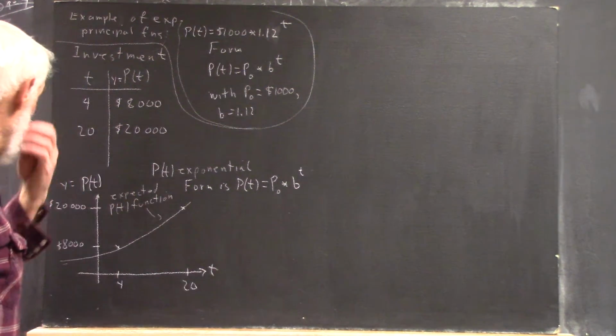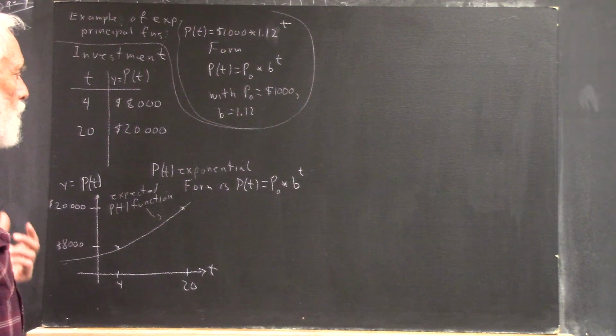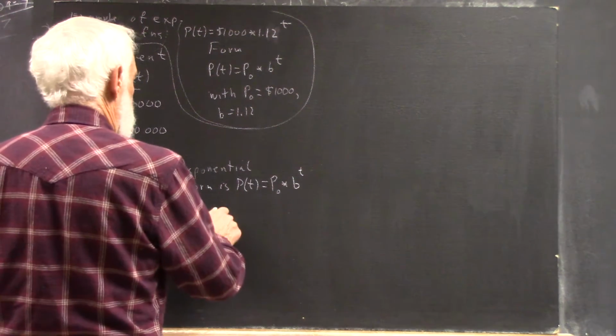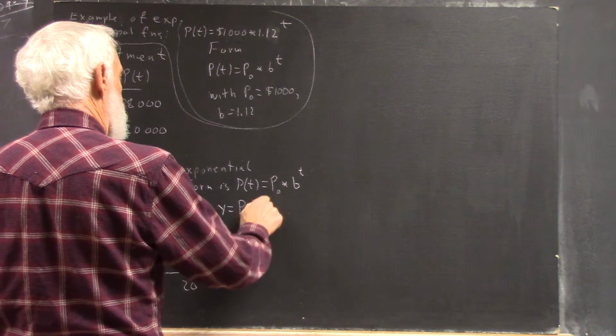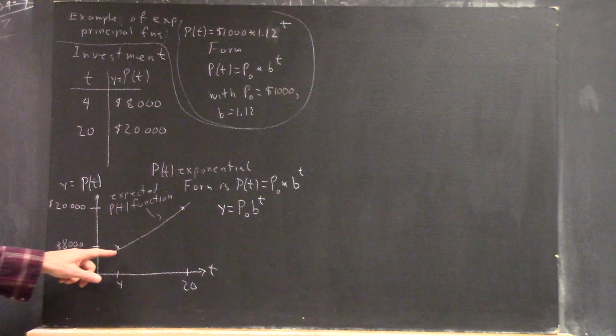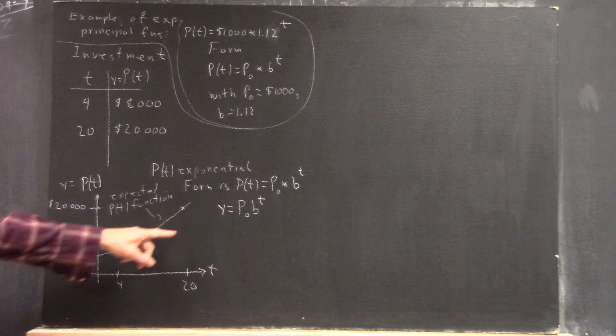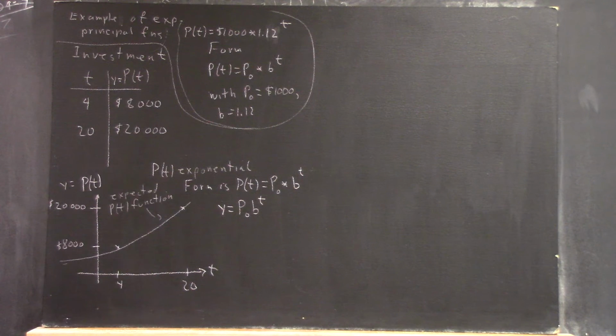Now, go ahead and plug in the values of y, and let's say y equals P naught b to the t, to put it in a real familiar form. You have a point here that has a t and a y. You have a point here that has a t and a y. That's going to give you 2 equations, right? Write down the 2 equations.